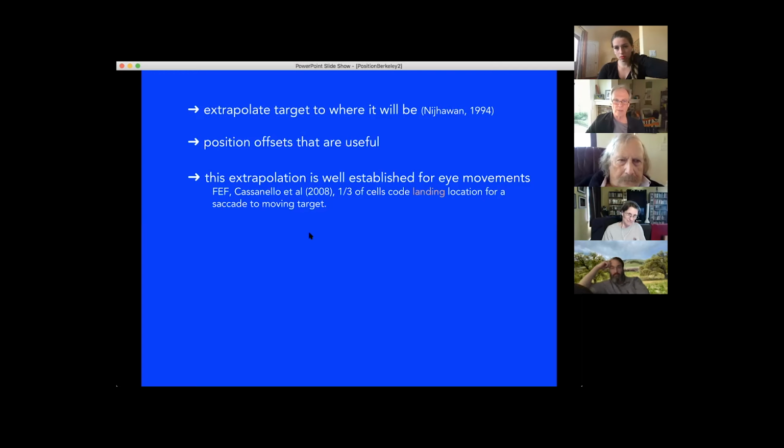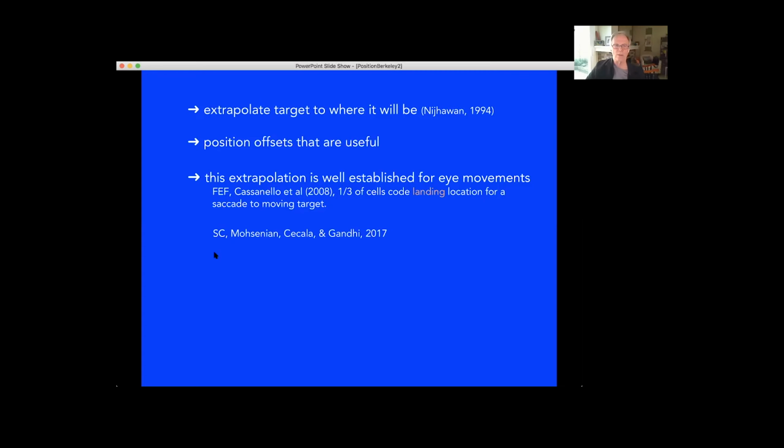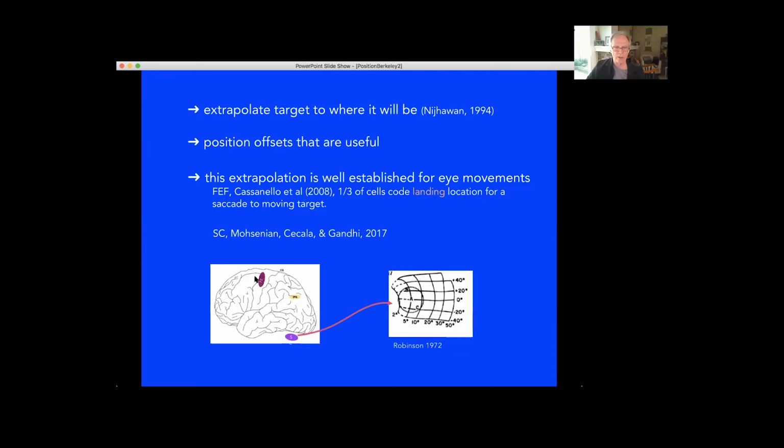In other words, the extrapolation is there explicitly in frontal eye fields. And similarly, Moshe Shadlen and Raj Gandhi found the same thing in the superior colliculus. So the three saccade areas, which you probably know, the frontal eye fields, the parietal, and the superior colliculus, have these nice retinotopic maps. Not really retinotopic, because there's some updating, and moving targets are moved ahead, extrapolated ahead.